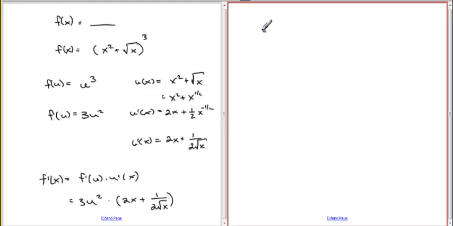So then you have to get it finally in terms of x. So you go back up here, see what u was. U is x squared plus the square root of x. Make sure you put the power. You multiply by u prime of x, which doesn't change in this step because we're just trying to get everything in terms of x.